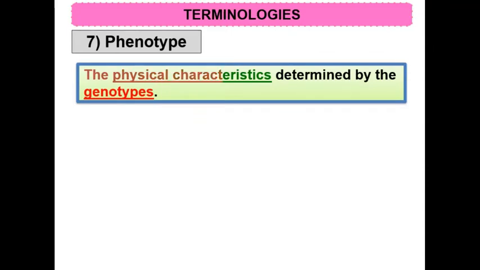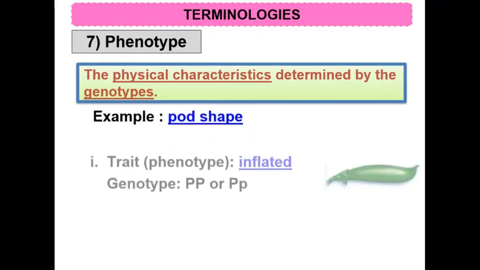Next, phenotype. Phenotype is a physical characteristic or physical appearance determined by the genotype. Phenotype can be divided into two, dominant phenotype and recessive phenotype. For example, character is pod shape.